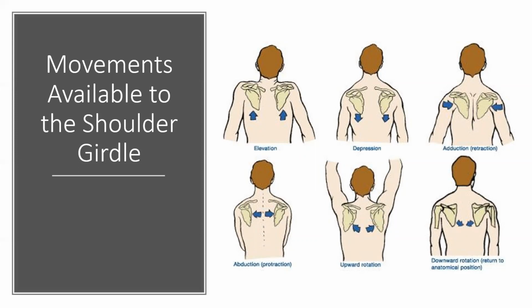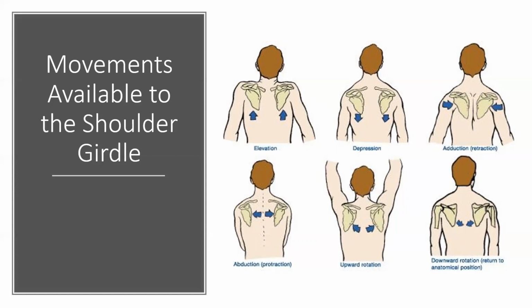This allows us to get our arms up over our head, and then to return to our normal resting scapular position, or even further, we can go through downward rotation, which brings the inferior angles closer towards the spine. So they rotate in towards the thoracic spine.